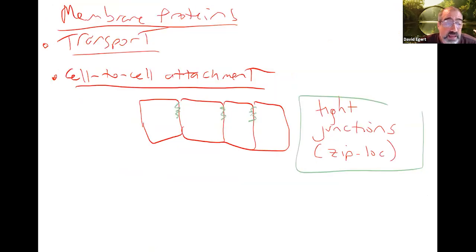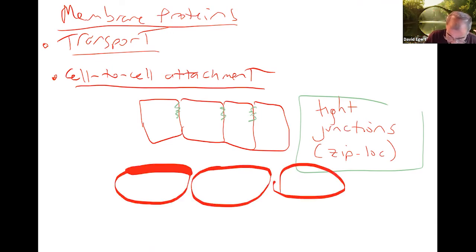Another kind that is going to be important is where you have cells that are under a lot of physical stress. Like, again, if you've been in anatomy, you've learned about skin cells with all the little desmosomes, right? So desmosomes, we have cells, and I don't want them to pull apart. They're under a lot of physical stress.